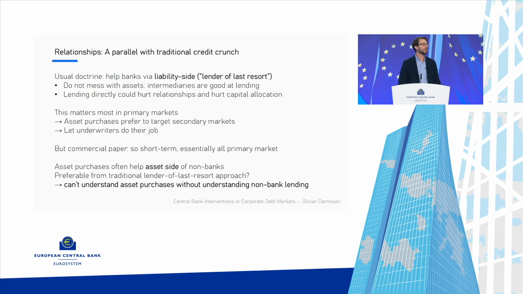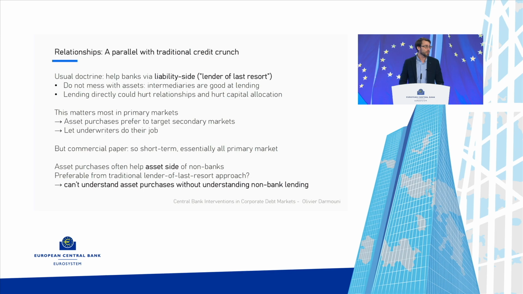But here commercial paper is really fascinating, because the maturity is so short that essentially everything is primary market. And so these intermediaries, which here are non-banks, in fact in this paper they are money market funds, the fact that they are doing lending on the asset side ends up being important. Relationships exist and are perhaps more important than you might have thought going in. So I think it's important to think about non-banks when you think about asset purchases.